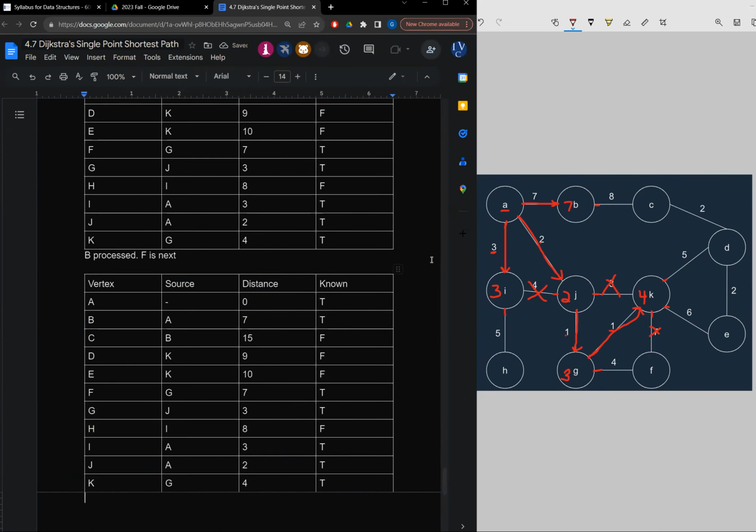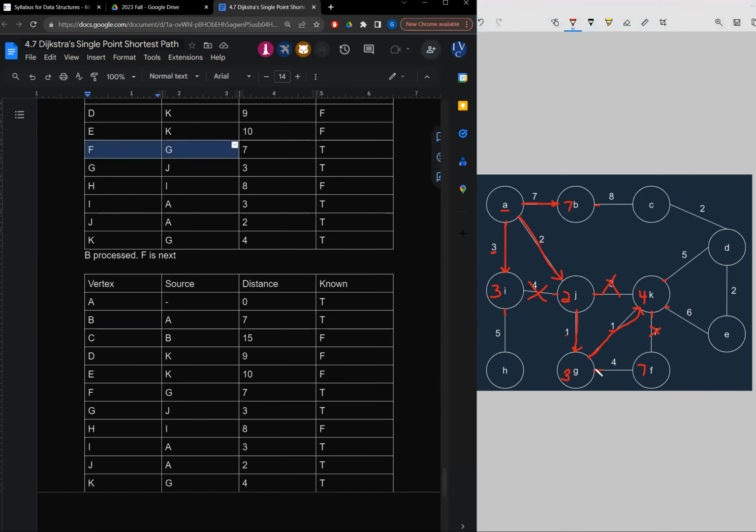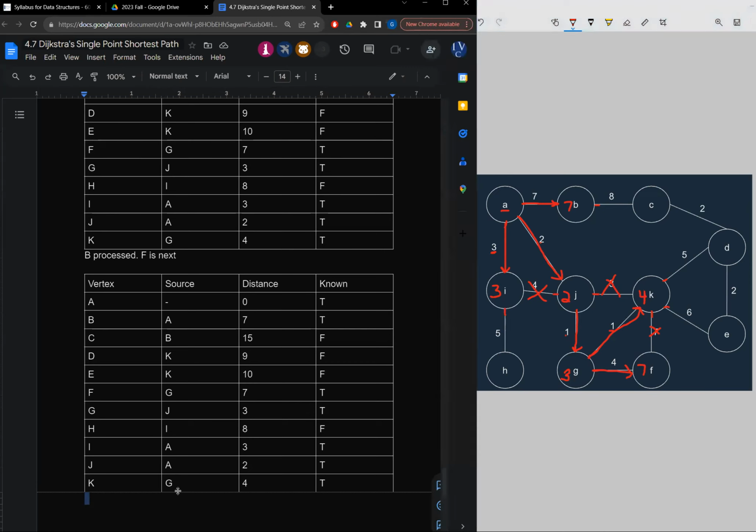All right, so we're going to F because it only costs 7 to get here. The way that we're getting to F is via G. All right, so this is the edge that we build. There are no edges. All right, so F processed.